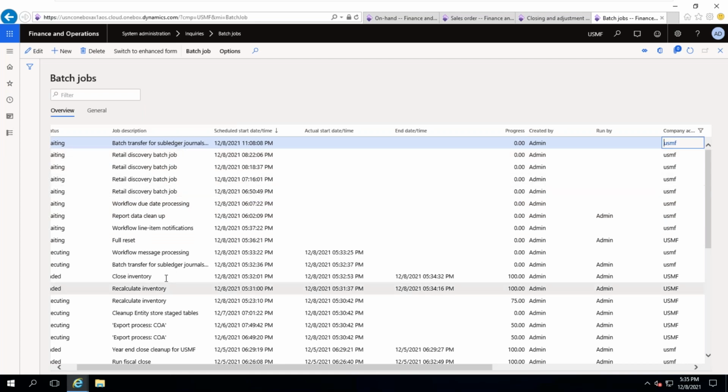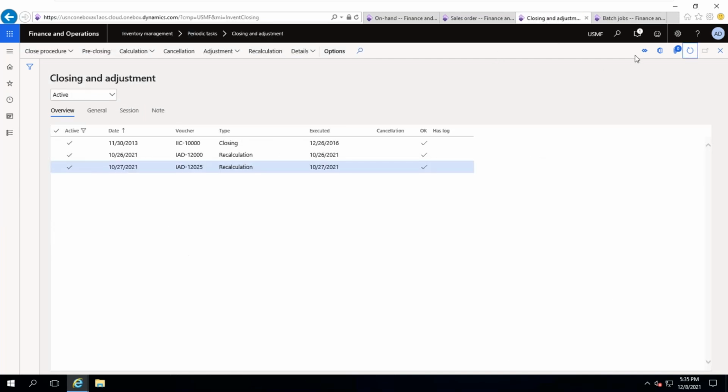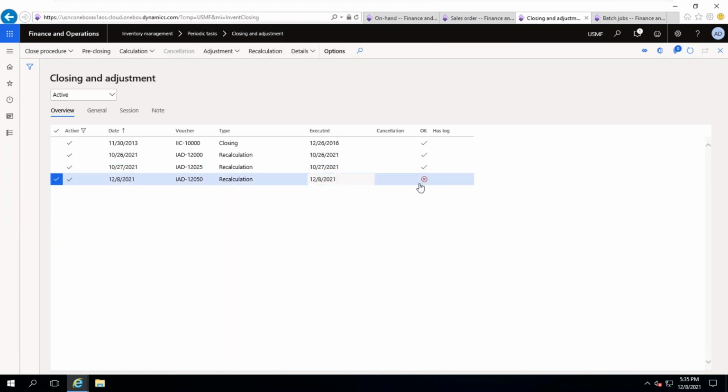Close inventory process, it is processing. Executed. Recalculate inventory also was executed on the 12th. Let me go back and refresh. Now it is showing red, but after a few minutes it will be updated.